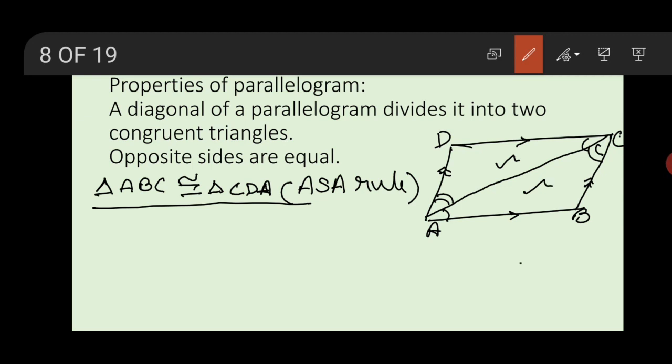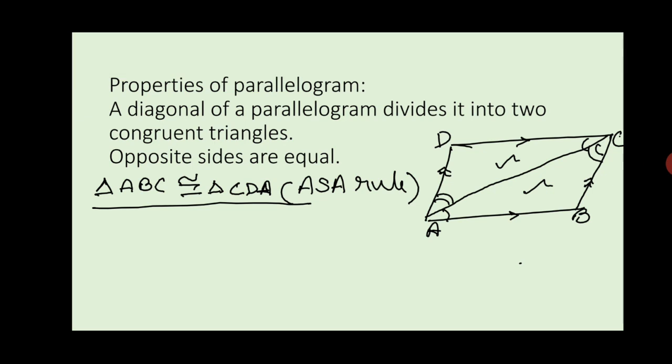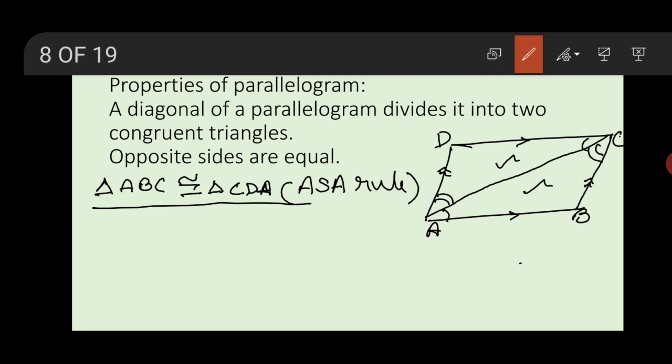Once you are able to say the two triangles are congruent, then their corresponding parts are also equal. That is, AB is equal to CD and also BC is equal to AD. These are what? These are the opposite sides of the parallelogram.